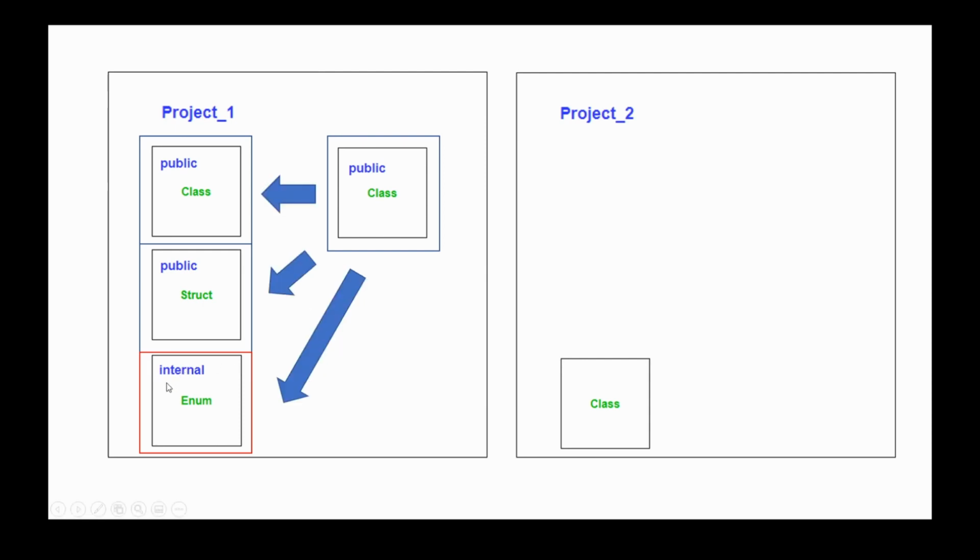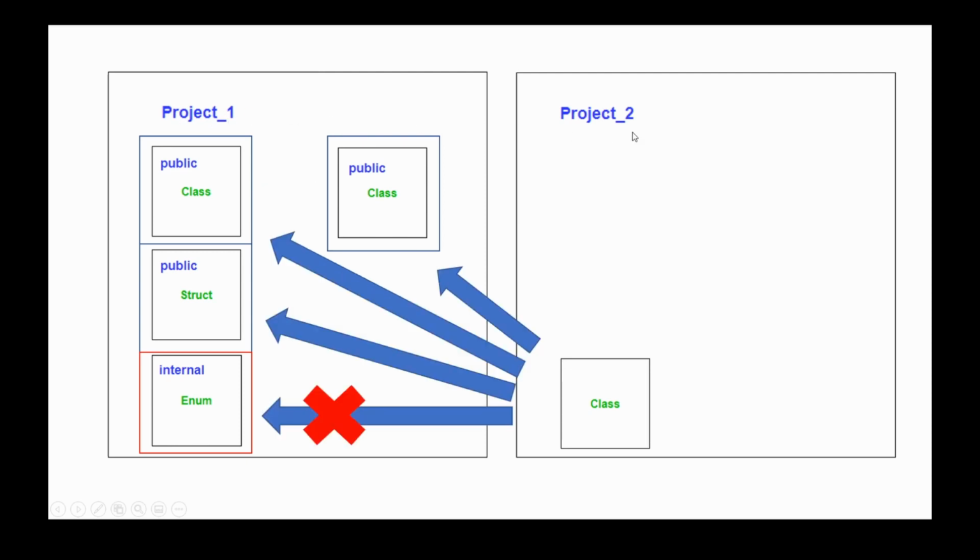Internal is the same as public in the same project. That means that internal elements can be accessed from all elements inside the assembly. Another assembly cannot access an internal element in another assembly.